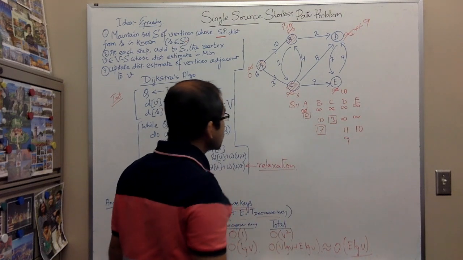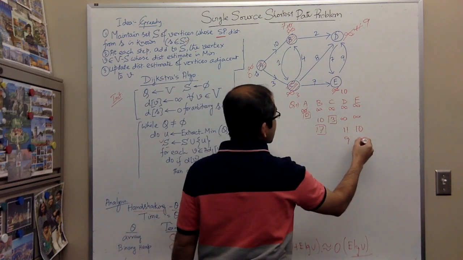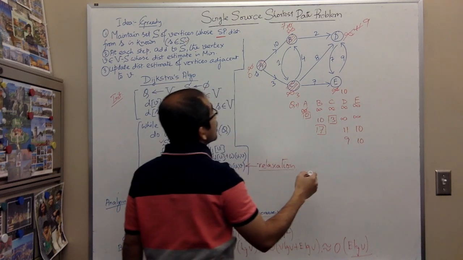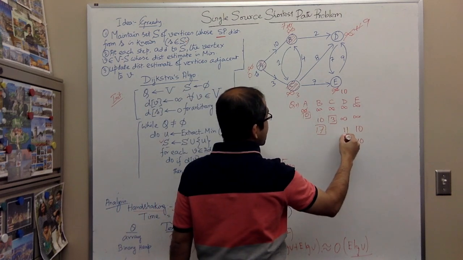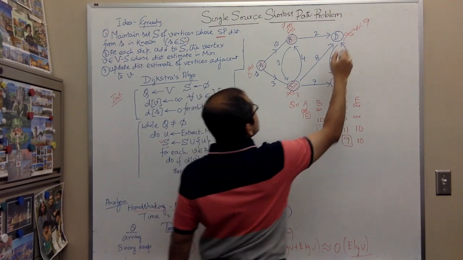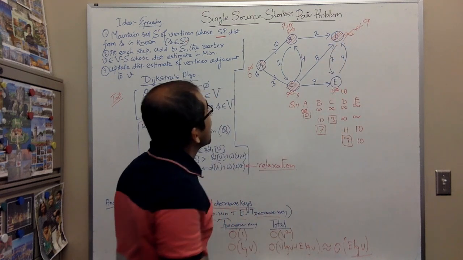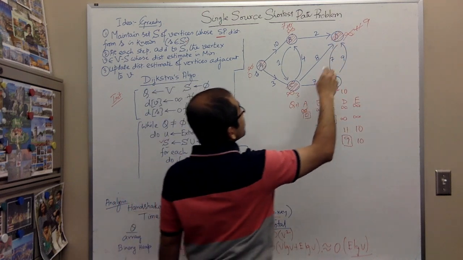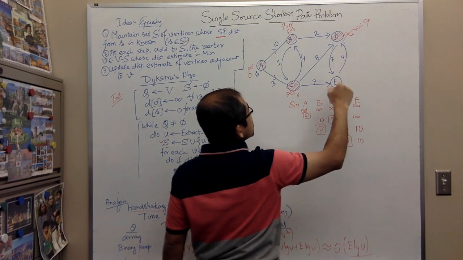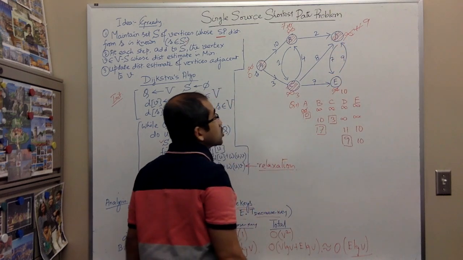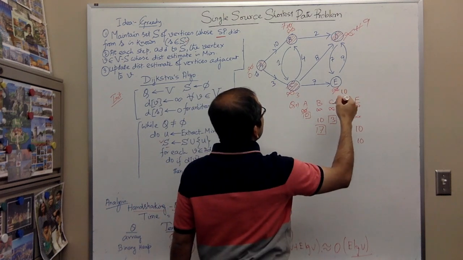Okay. So now these two, 9 and 10, are the ones in the priority queue, because you cannot go anywhere else from B. Among these, 9 is the cheapest. So take out D, whose distance estimate is 9, and then you see the path 9 plus 7 is 16, which is much more than this. So we do not change it. We don't take that path.